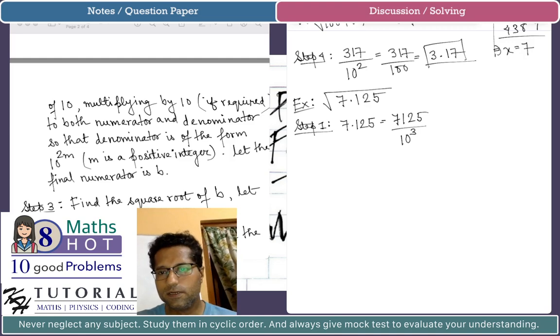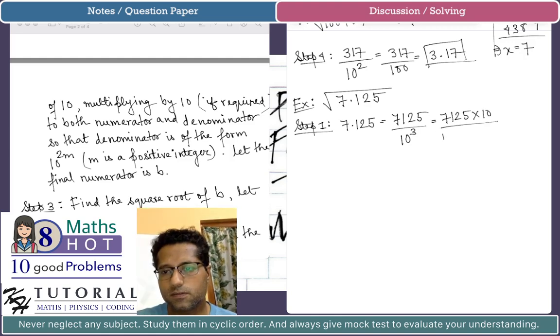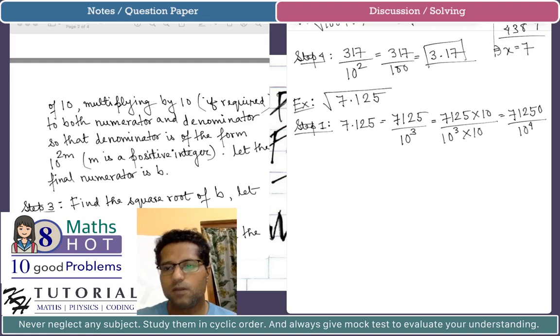So now we see that the denominator is 10 to the power 3. Power 3 is an odd number. We have to make it even. So we will just multiply both the numerator and the denominator by 10. We can do this. Now we have the number as 71250 divided by 10 to the power 4.